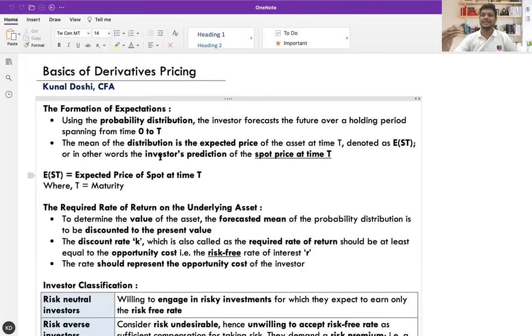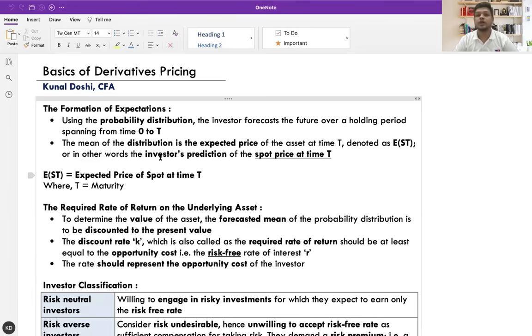The first thing you see is the probability distribution. If you recollect, the probability distribution gave us the different scenarios of what the value of an asset or the returns from an asset can be, and the respective expected probabilities, right?